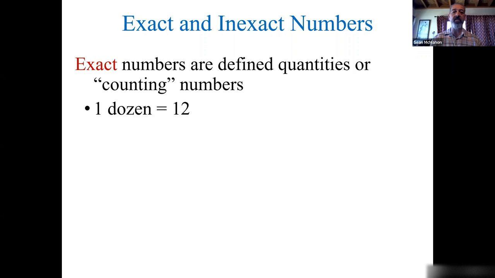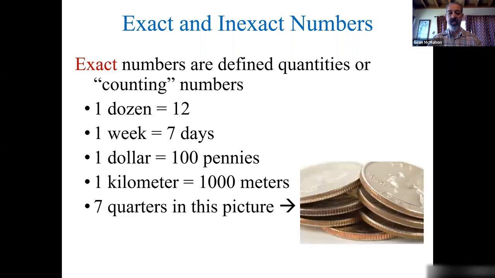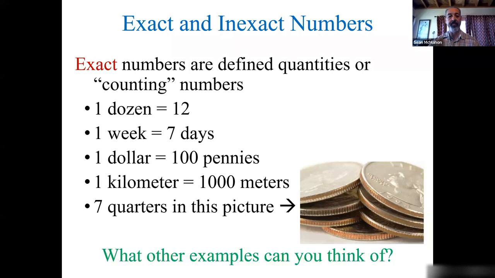A really common one is a dozen: a dozen eggs, 12 eggs. A week, there's 7 days. A dollar, there's 100 pennies. A kilometer, there's 1,000 meters. 7 quarters. Okay, so these are considered exact numbers. You can count them, right? I can physically count those 7 quarters. So that's treated as exact. There is no uncertainty. There is no doubt.